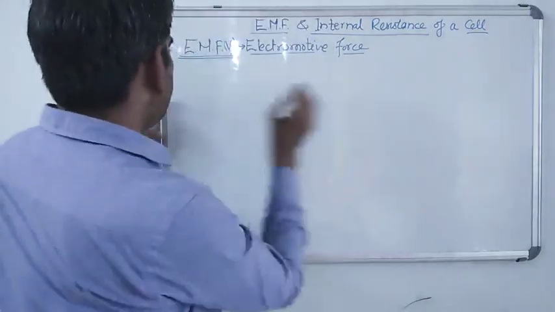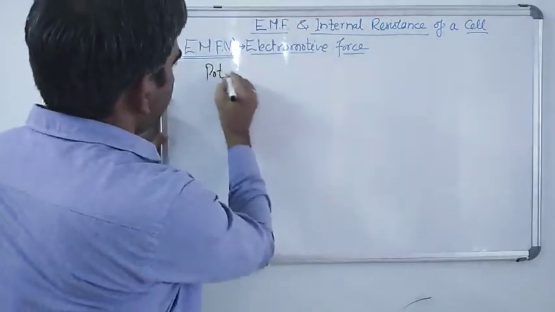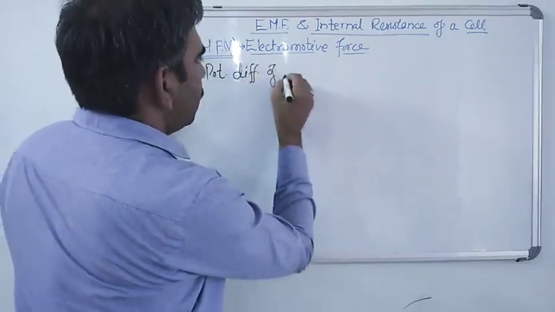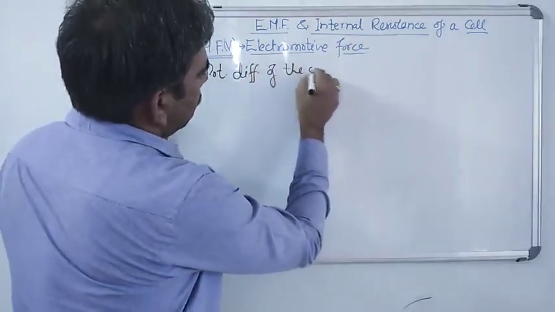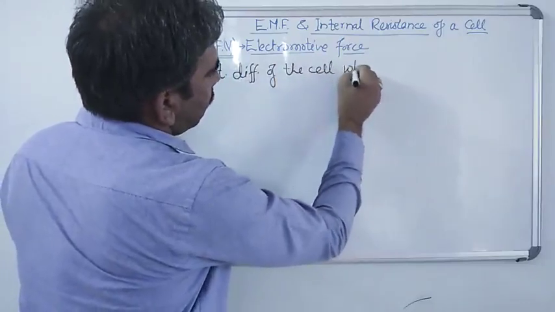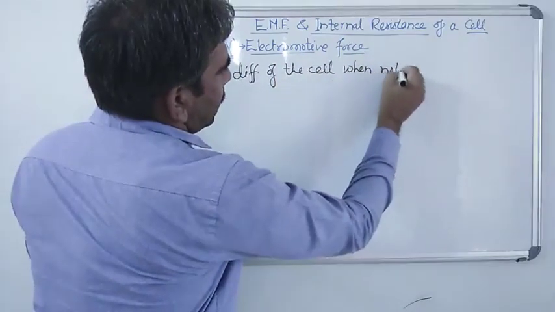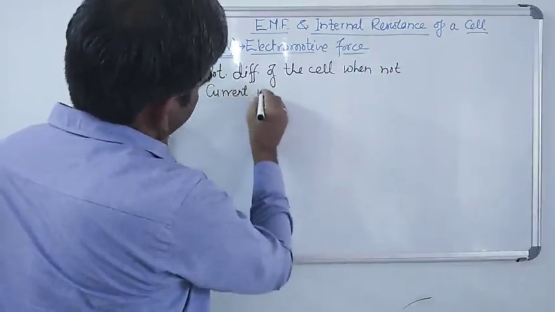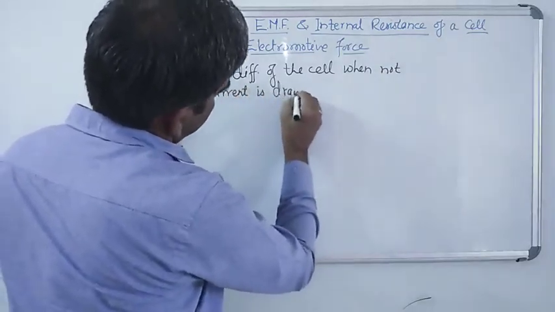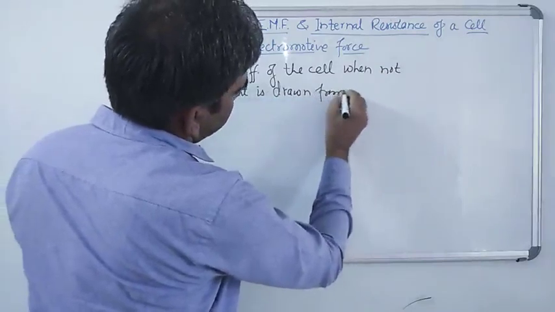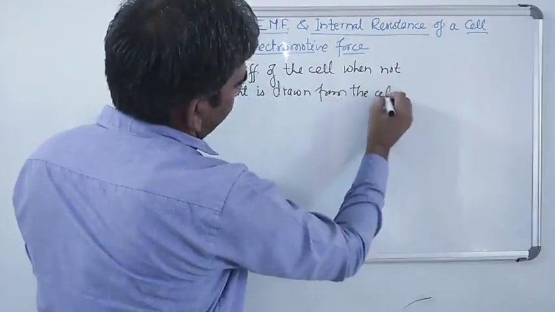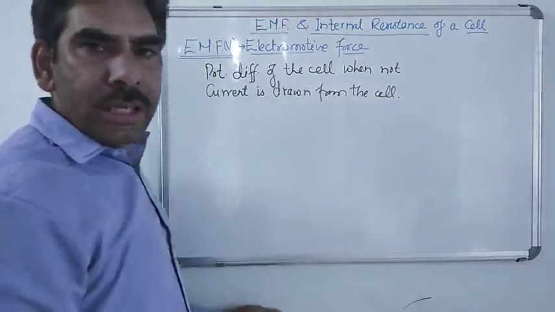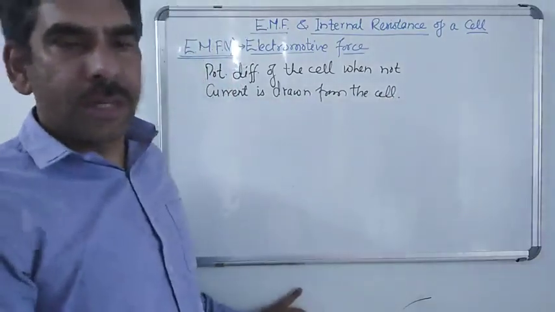It is the potential difference of the cell when no current is drawn from the cell, or when the cell is not being used in the circuit to which it is connected, right?